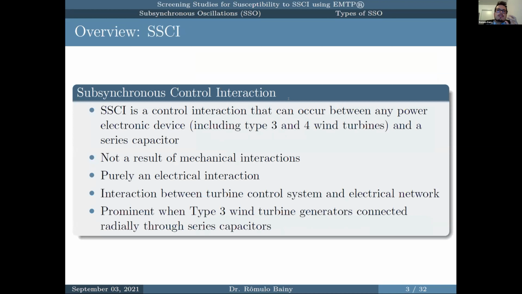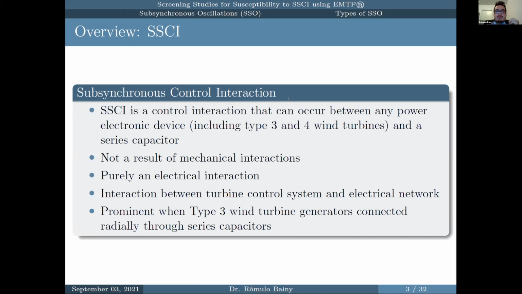So just as an overview, we can summarize a few things. It's important to highlight that SSCI is not a mechanical interaction. It is in fact a purely electrical interaction of the system. And this interaction is going to be between the control of the turbine and our electrical network.